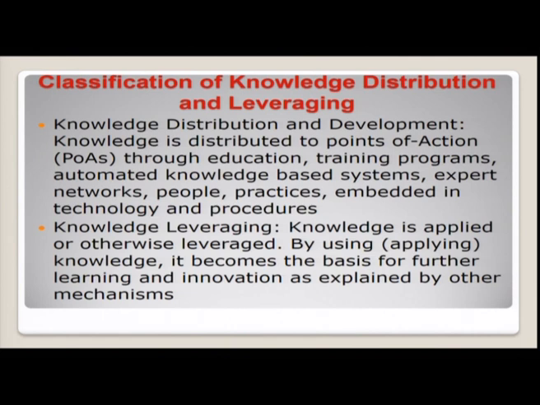The knowledge leveraging: what is knowledge leveraging? The knowledge is applied or otherwise leveraged. Applying is nothing but leveraging. By using, which means by applying knowledge, it becomes the basis for further learning and innovation as explained by other mechanisms. So this is how knowledge is being classified.